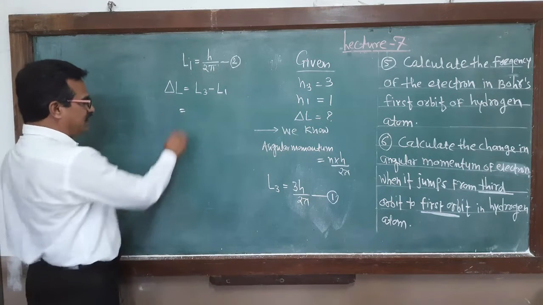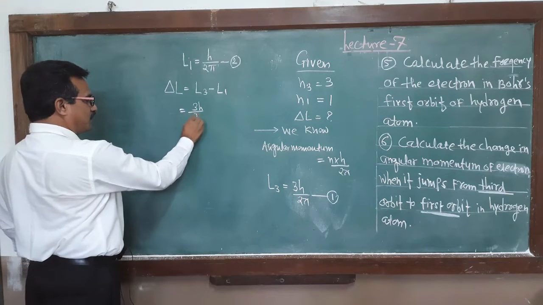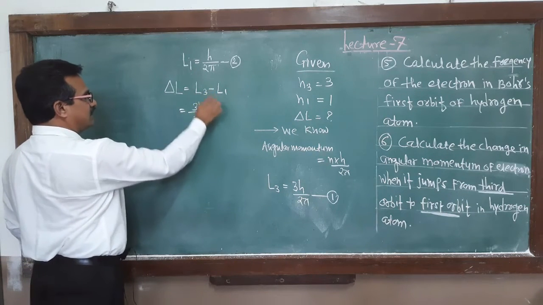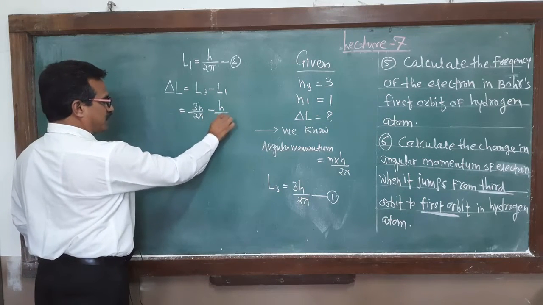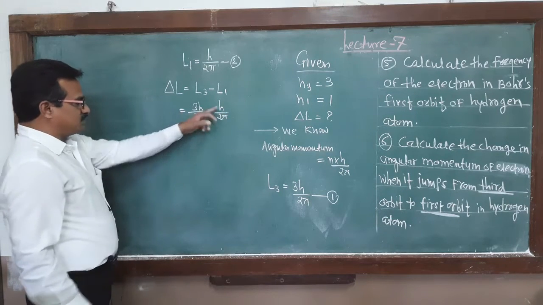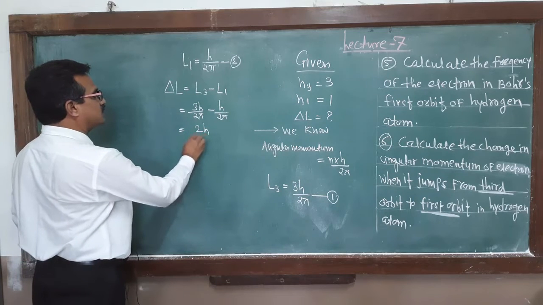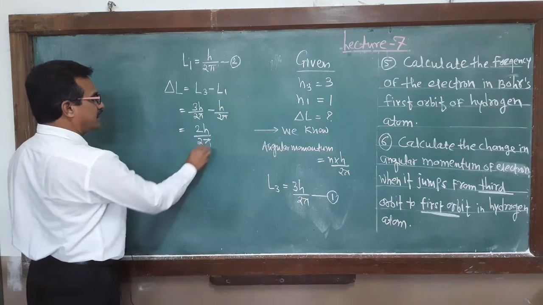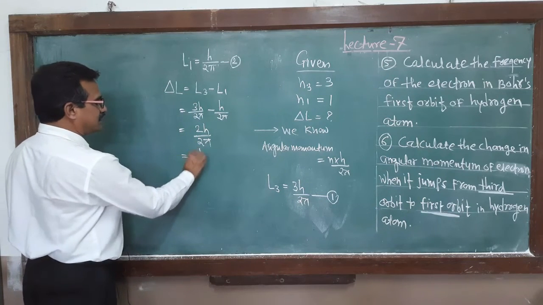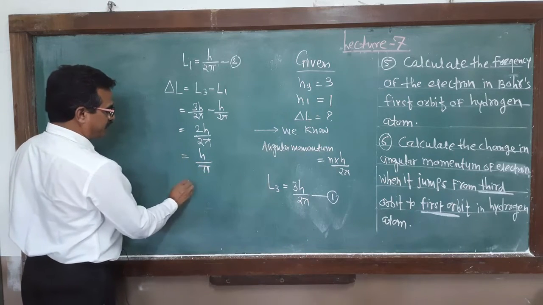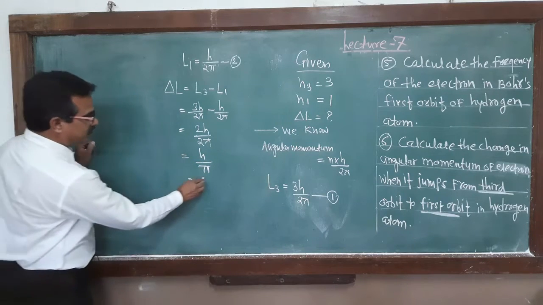What is the value of L3? It is 3h upon 2 pi minus L1, which is h upon 2 pi. It is 3h minus h, that is 2h divided by 2 pi. The 2 gets cancelled, so it must be equal to h upon pi. What is the value of h?